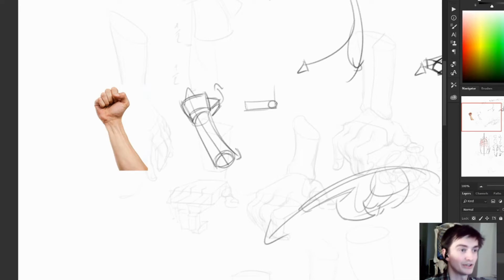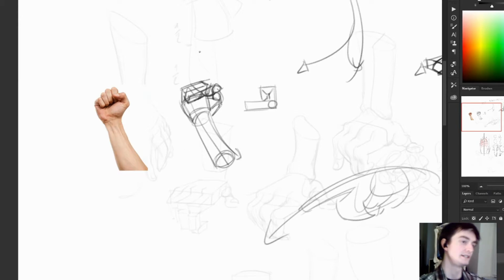The knuckles would be here, and our fingers curve around. So I need to consider that this actually goes up. There's a point where there's a bend, and this bend then goes back around and curves back in. So I have essentially a block here that curves in, and my thumb actually goes up in this direction and then towards here.